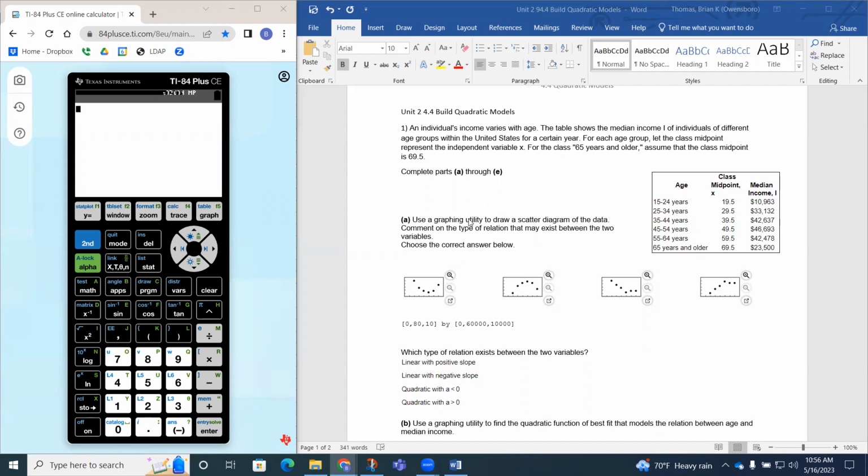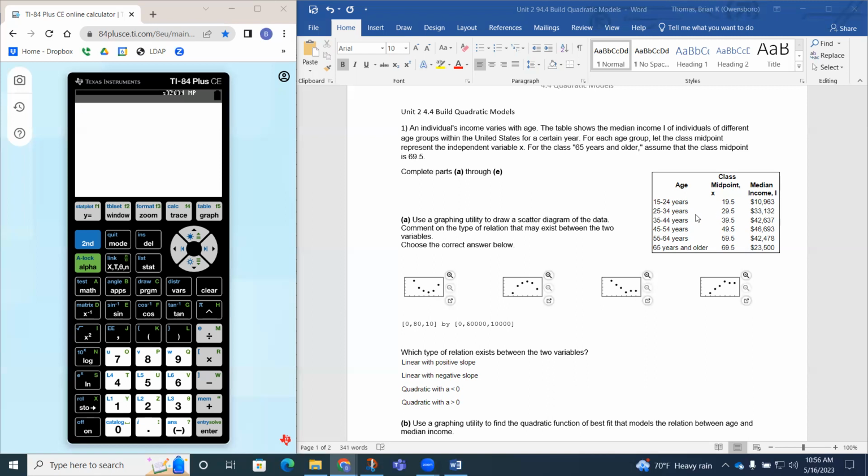Part A is going to be related to this table over here. So what they're saying is if you're 15 to 24, they're just going to use 19.5 as a midpoint there. So if you're around 19.5, your median income is around 11,000.